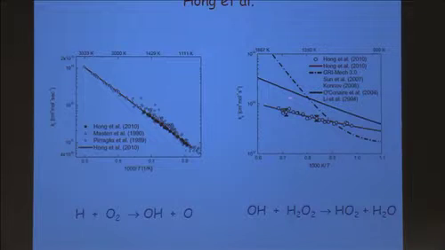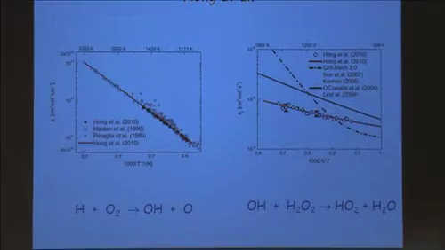This is a mechanism from Galway, and this is GRI-Mech, which we'll talk about in a minute. So you can see that different mechanisms have got different rate coefficients in them.